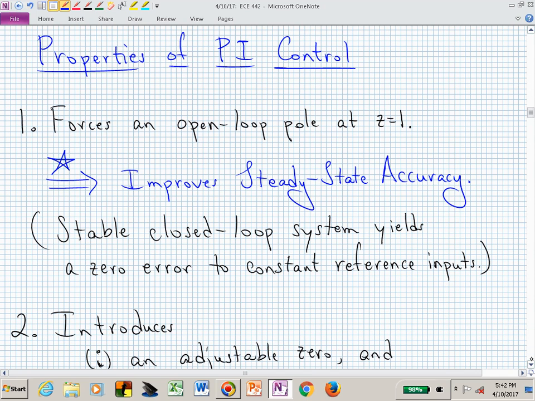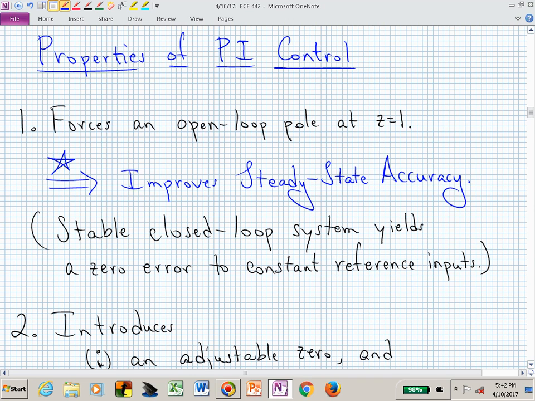Here are two main properties of the PI controller. One, as I have said, we have an open loop pole, that's that z minus 1 factor in the denominator of our controller's transfer function. So we're forcing an open loop pole at z equal 1.